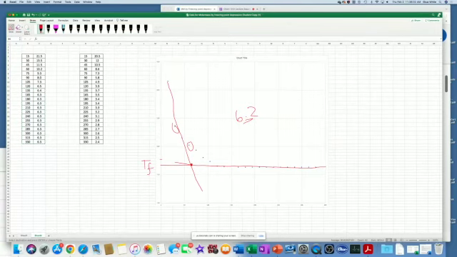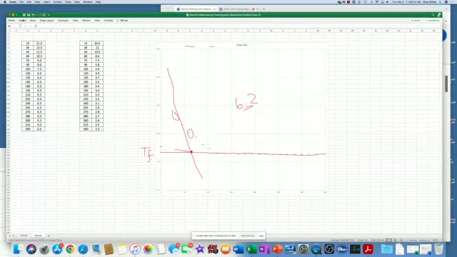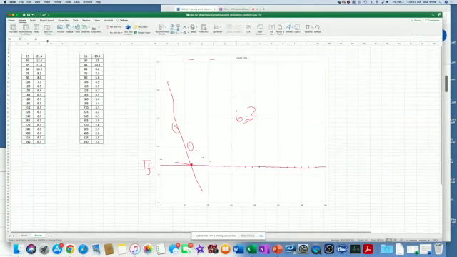And then over here, you draw the other one again. You can draw them both on the same graph, and if you want to do it that way, that works too. So I'm going to show you how you can do it that way. How do I get out of this draw feature?